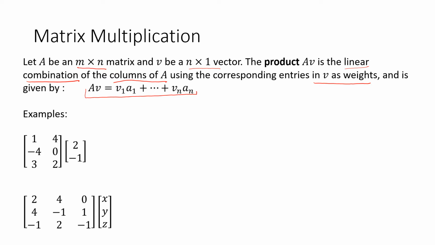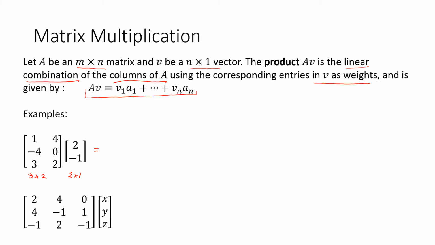Okay, so let's take a couple of examples and see what we mean by this. And as I said, this might be a slightly different way of thinking about matrix vector multiplication than you've seen in the past. So take this first example. This is a 3 by 2 matrix times a 2 by 1 vector.